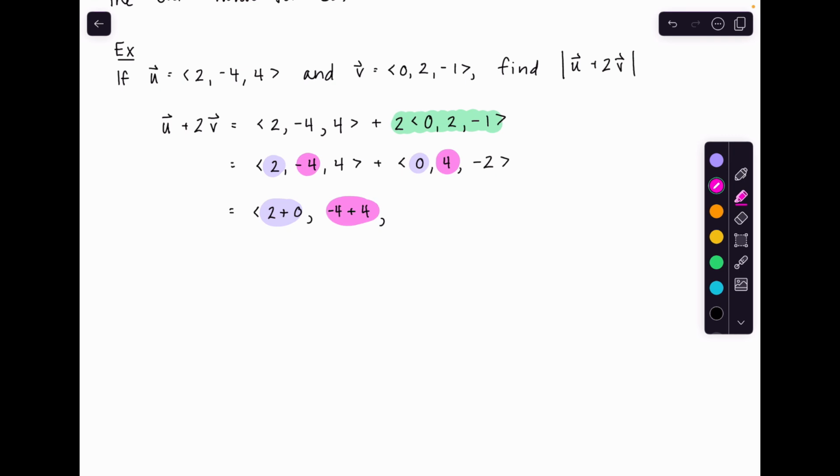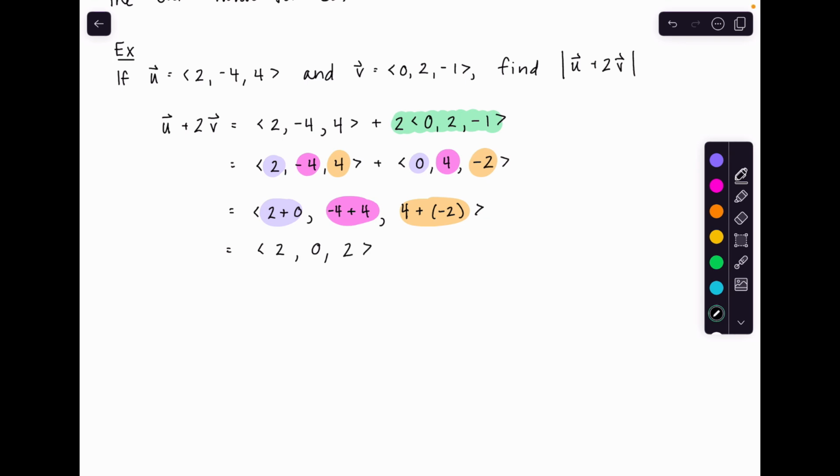And then for the third, we've got 4 plus -2. And then simplifying this, 2 plus 0 is 2, -4 plus 4 is 0, and then 4 plus -2 is 2.